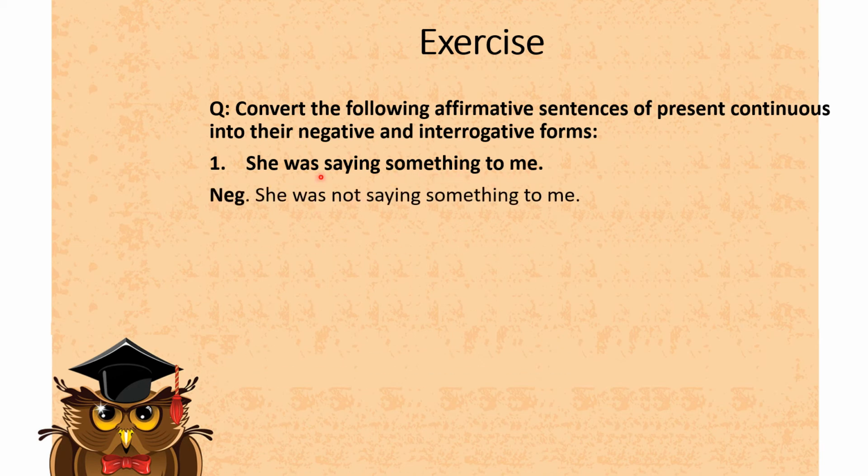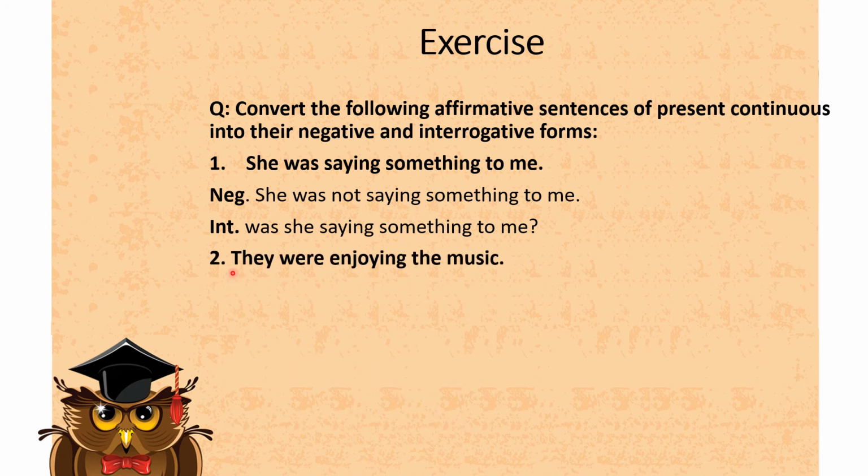You will add not in between the auxiliary verb and the main verb, and your sentence would look like this. She was not saying something to me. And you interchange the position of the subject and auxiliary verb, and your sentence would become, was she saying something to me?